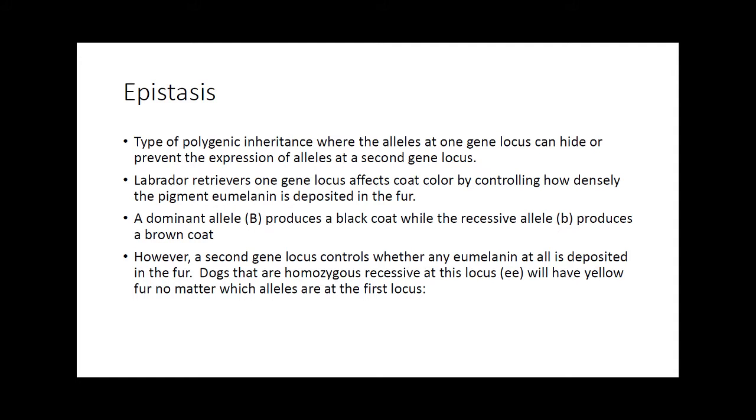That's the pigment coat, and the second gene determines how the melanin, or the pigment, gets into the fur itself. So in this case, the protein is bringing the pigment into the fur somehow, and recessive will mean it brings none of the pigment to the fur, which is why they turn out yellow.